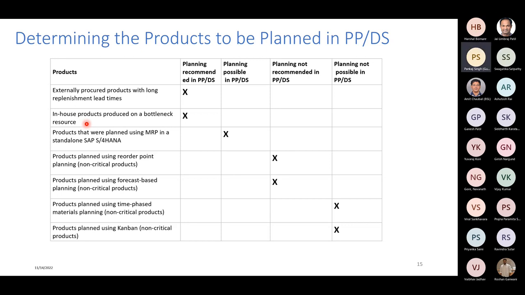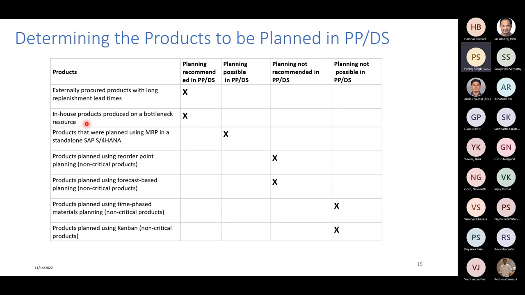So the optimal scheduling of this lathe machine is the purpose I want to achieve, because that's a bottleneck. So I will do production planning in PPDS for only those 100 FGs, because those are the ones that consume the capacity of the lathe.